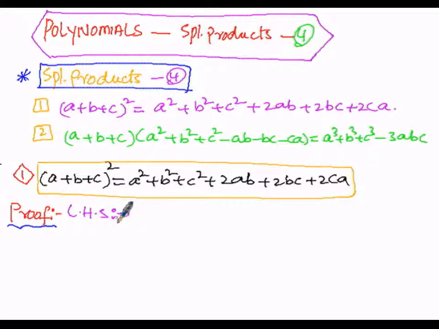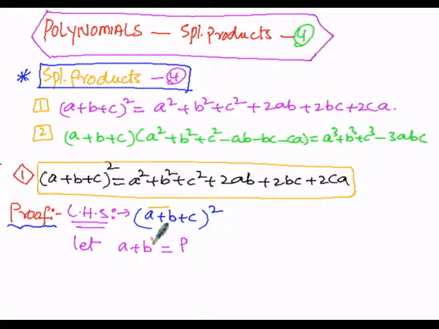Your LHS quantity is (a plus b plus c) whole square. But here I want to assume this a plus b as one more quantity. So let this a plus b be another letter, that is p.